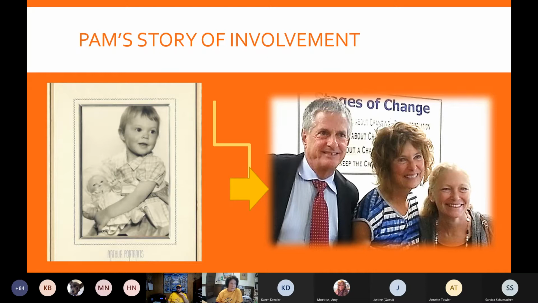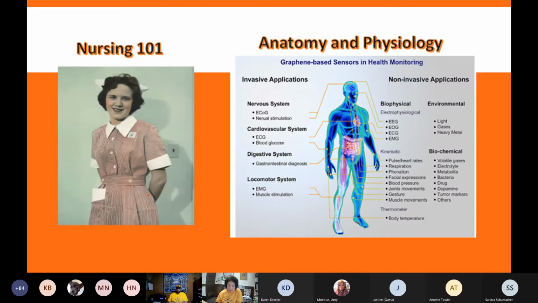In 1978, this is another kind of pivotal moment for me. I entered nursing school. And so here's one of my first, I would say, formal education in systems. That is not me on the left-hand side.